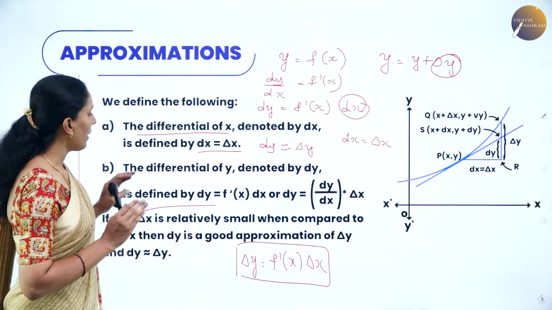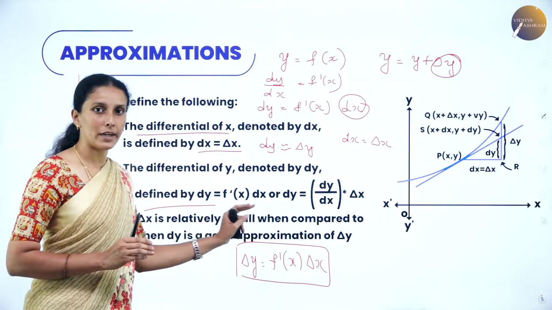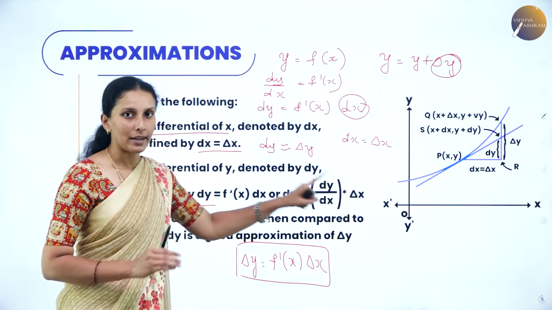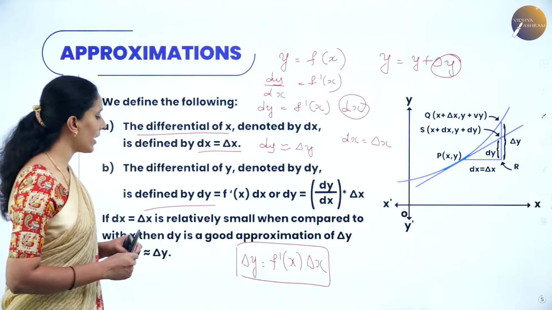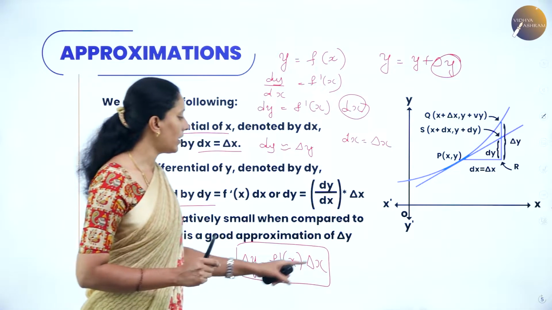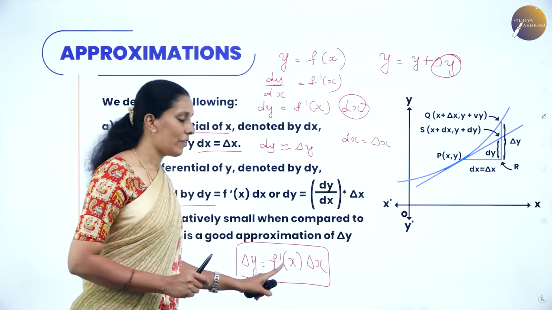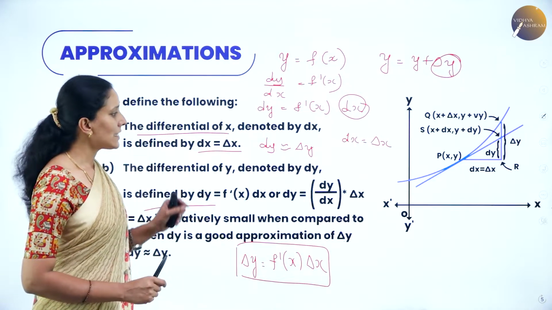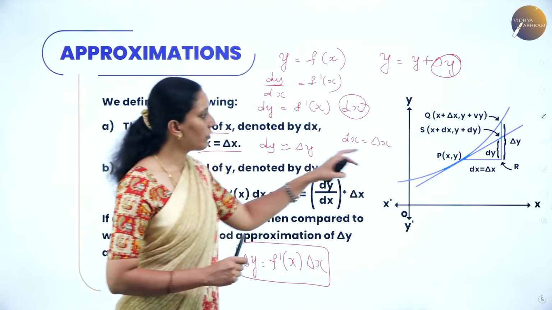The very important thing is whenever dy is equal to f dash of x into delta x, suppose dx is almost equal to delta x, suppose they are equal, then the derivative of y can be approximated to delta y, where delta y is given by f dash of x into delta x. Now, let's see how to approximate these values with the help of the graph also.